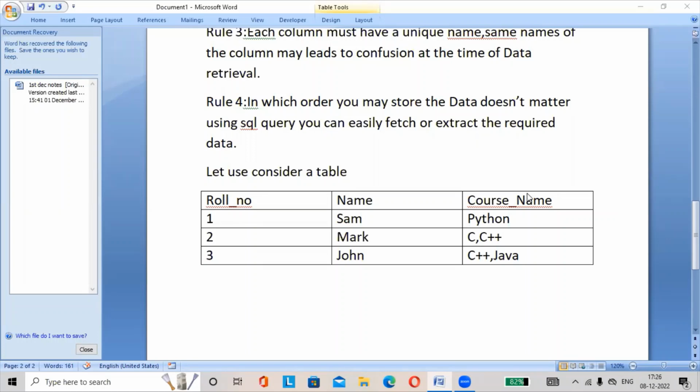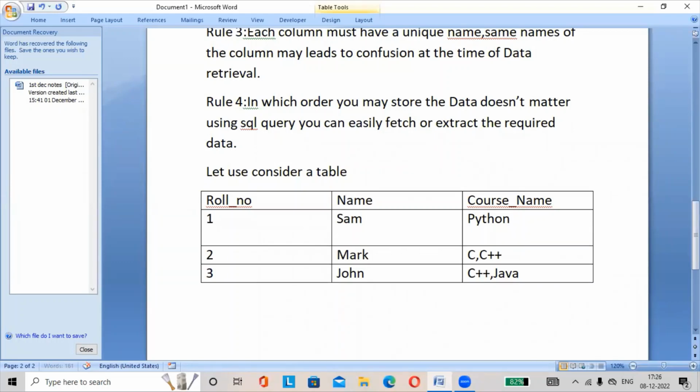We must remove the comma and we can give space. No, what we have to do is repeat the same roll numbers and change these course names to make this table first normal form.